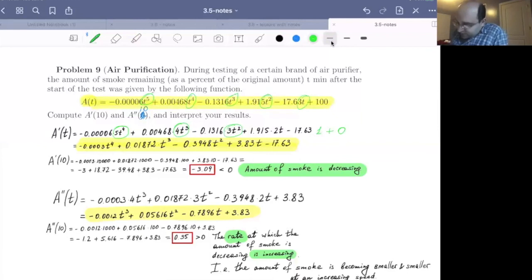If we simplify, we get this expression below.